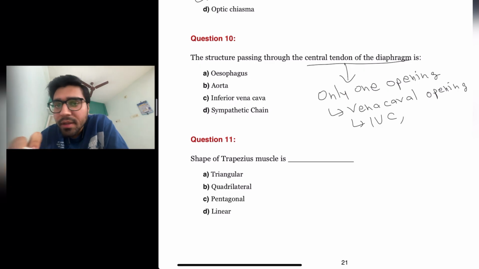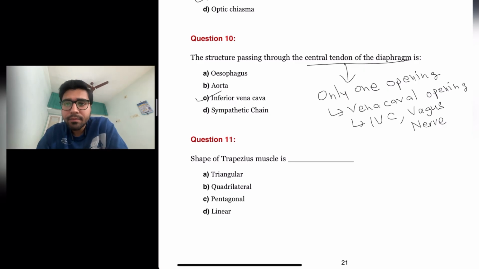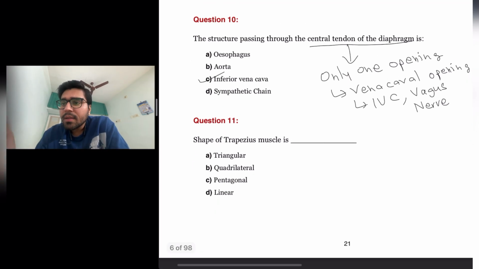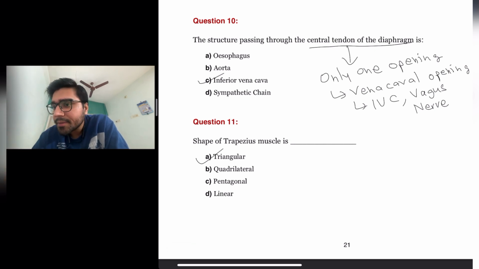That passes the inferior vena cava as well as the vagus nerve. So the answer is inferior vena cava. The shape of trapezius muscle is simple, it is triangular.